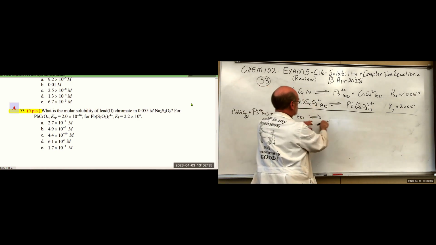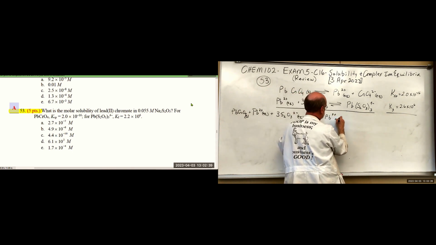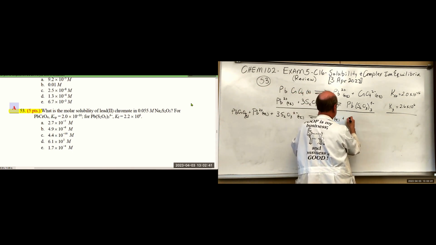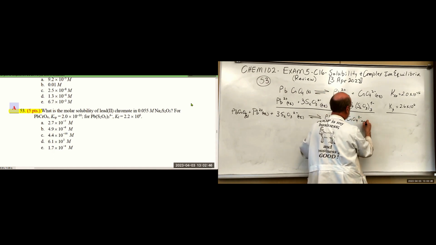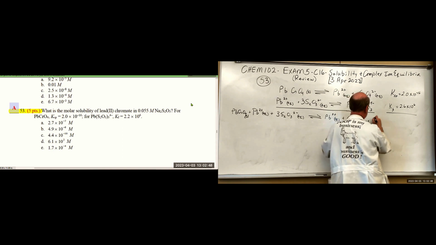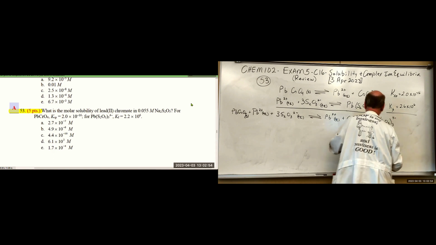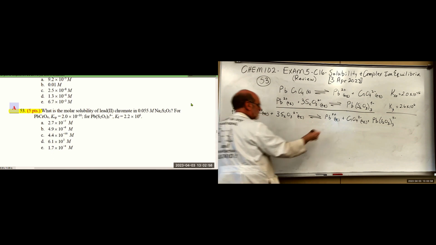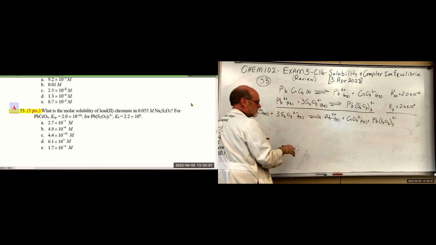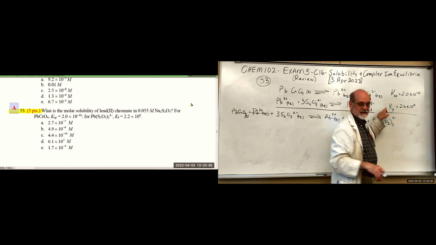That's 3, and then over here we get lead 2 plus and chromate and the complex ion. Here we go. So notice that this one goes out on both sides of the equation, and the overall is Ksp times Kf.